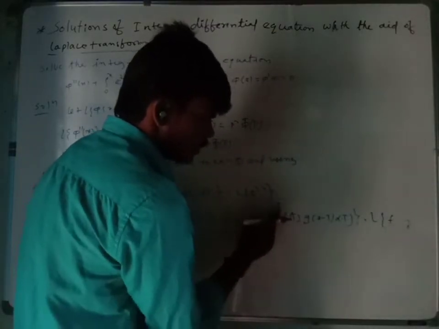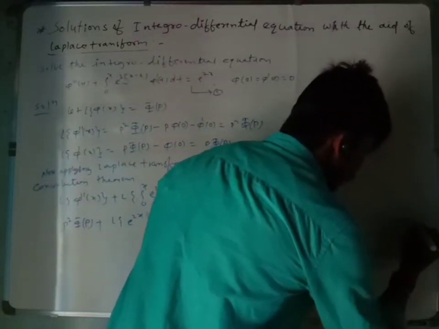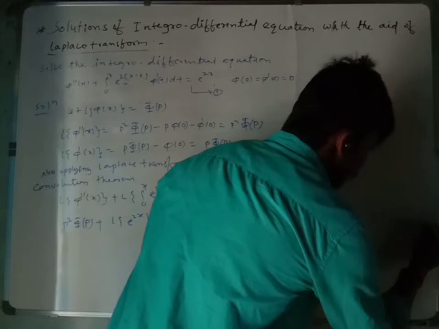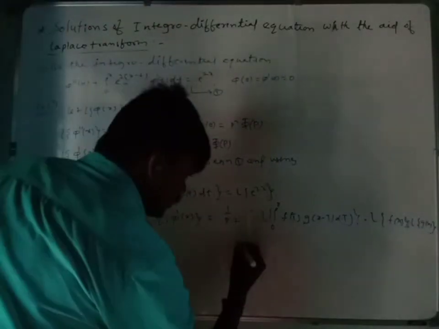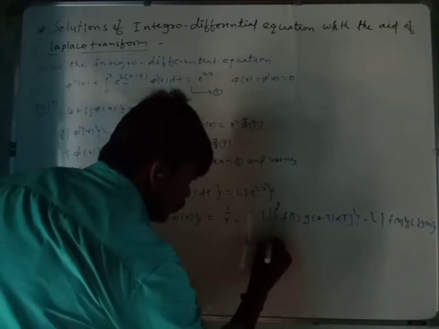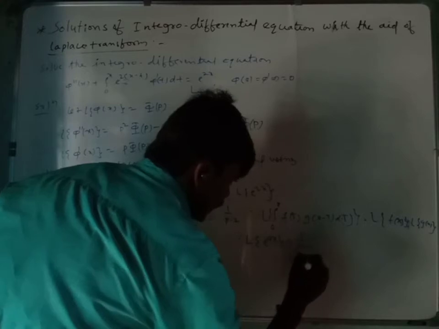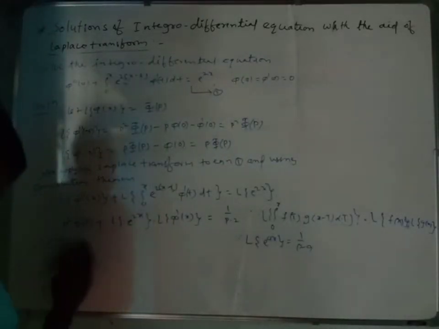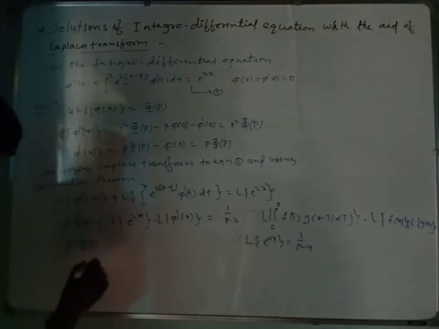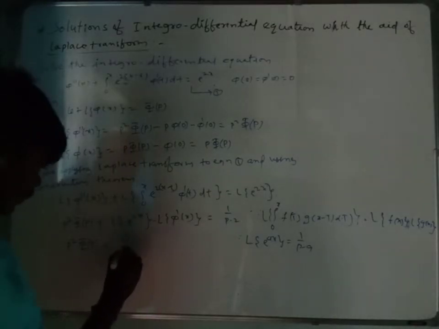After integrating and substituting the x value, we get only x. Laplace transform of f of x and Laplace transform of g of x. Using this concept, and since the Laplace transform of e to the power of ax equals 1 by p minus a, we get p square capital Phi of p plus this value equal to 1 by p minus 2.